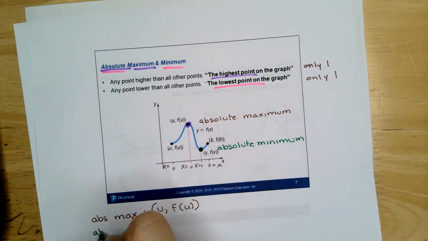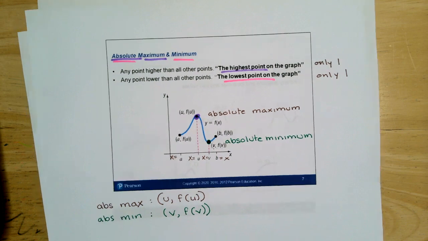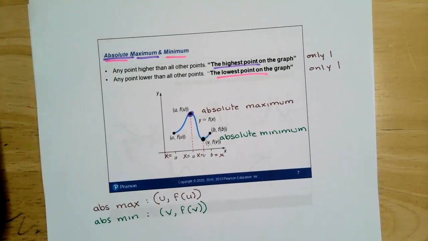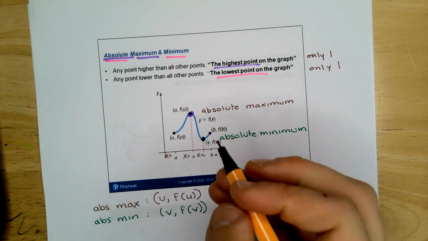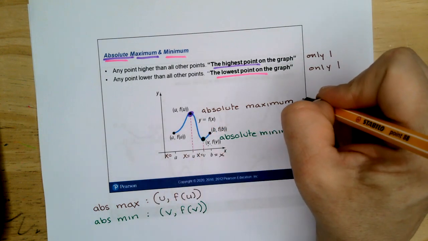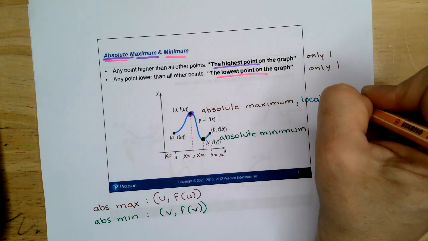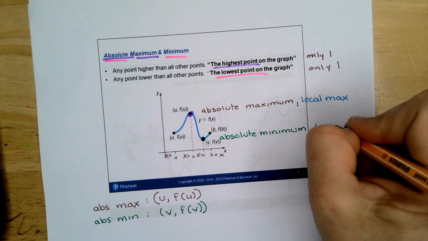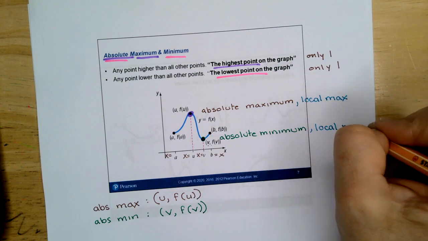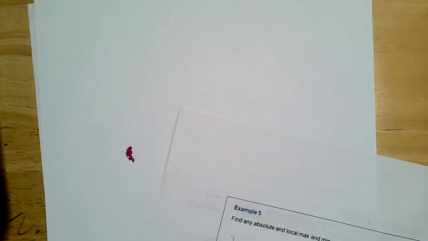So our absolute minimum is going to be V, f of V. Incidentally, because they need to be hills and valleys, this is also a local max. And this is also a local min. So you can be both a local min and an absolute minimum. You can be a local maximum and the absolute maximum. Okay?